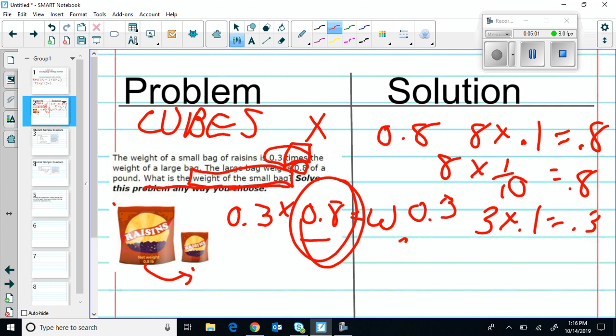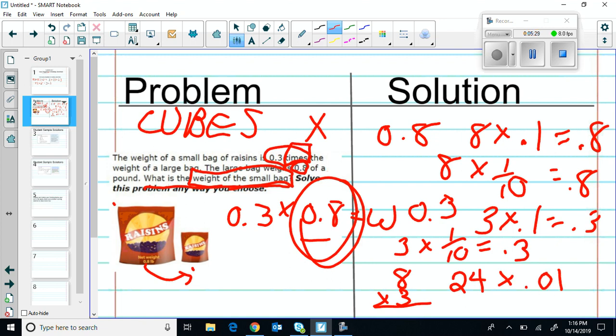Or we could say it's 3 times 1 over 10, which is 3 tenths. I just want you to understand how they get those 8 tenths or that 3 tenths. So knowing this, I know that if I take 8 times 3 and get 24, I then have to take that 24 times 100 because I have 1 tenth and 1 tenth. So that gives me 24 hundredths.